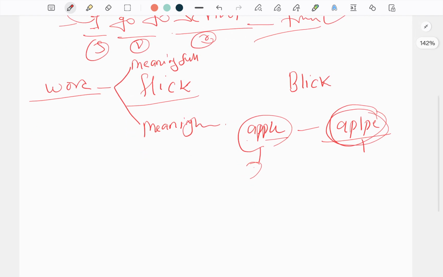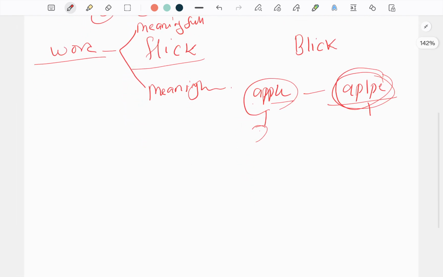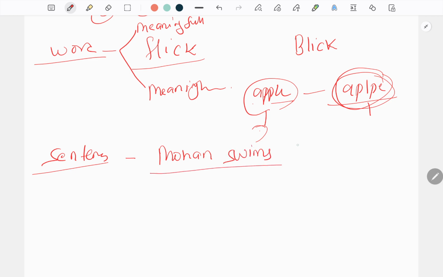In the same way, when we talk about a sentence, an example: if I say "Mohan swims", this is the right sentence. It follows the rules and regulations of grammar.